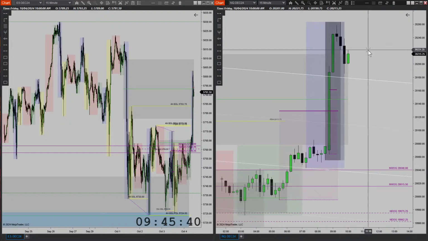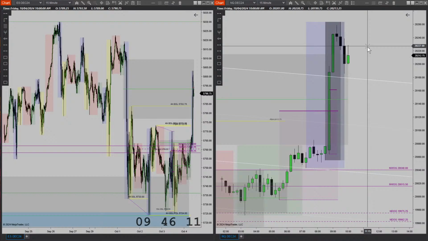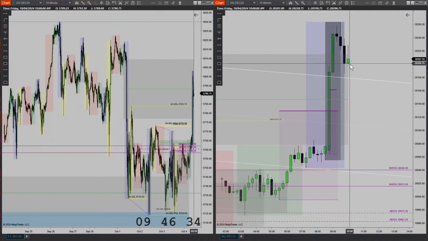We just immediately rebalanced here. That's an immediate rebalance there. But it's having trouble getting below this area here.